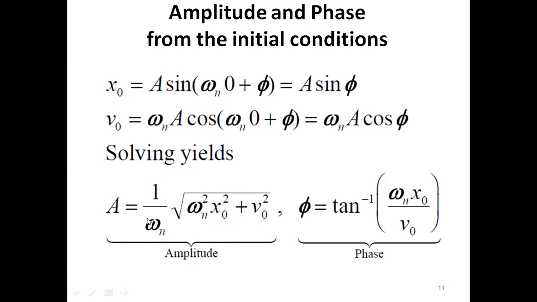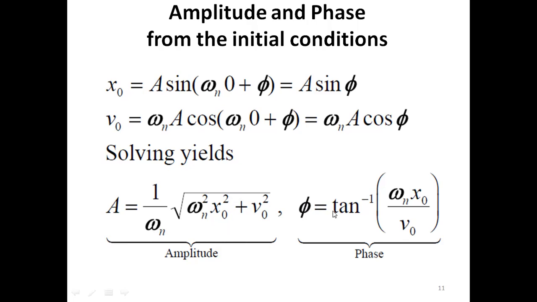If you look at this equation, v₀ is the initial velocity, x₀ is the initial displacement, ω_n is the natural frequency. So if we have the initial conditions, we could find the amplitude.